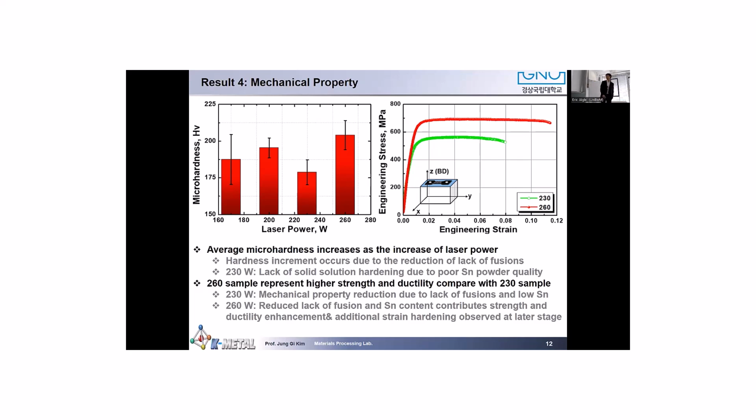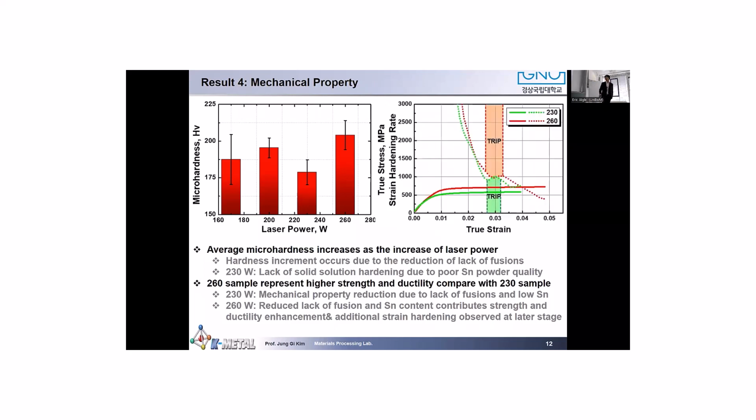a continuous increment of hardness. And when we check the stress strain curves of 230 and 260, because these two samples have quite low porosity, we can find that the 260 sample shows a higher strength and ductility combination than the 230 sample due to the reduced lack of fusions and tin content, that provides an interactivity enhancement and additional strain hardening capability.